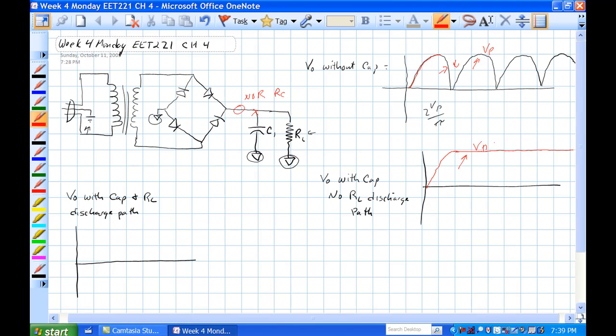So what happens when you have a resistance here to discharge this path?